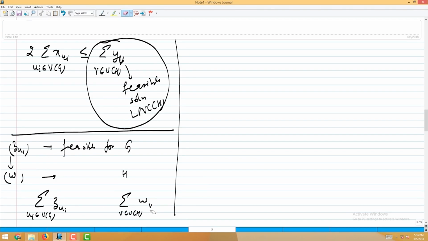So is there a relation between these values and these W values? Is there a relation is what I'm asking.